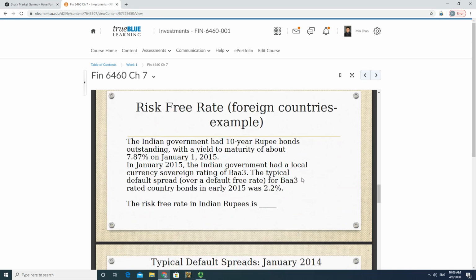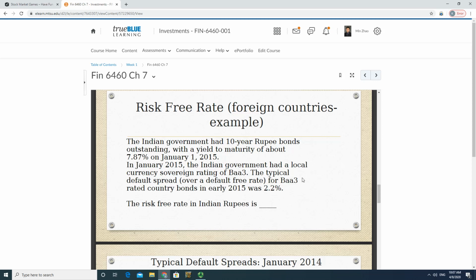Now let's take a look at one example. Let's say the Indian government had 10-year rupee bonds outstanding with a yield to maturity of about 7.87% on January 1st, 2015. And the Indian government had a local currency sovereign rating of Baa3, and the typical default spread for Baa3 is 2.2%. What is the risk-free rate? Well, here we just apply the first method.